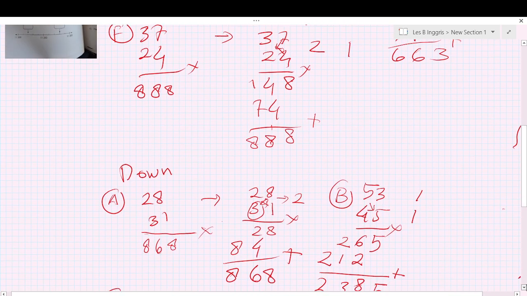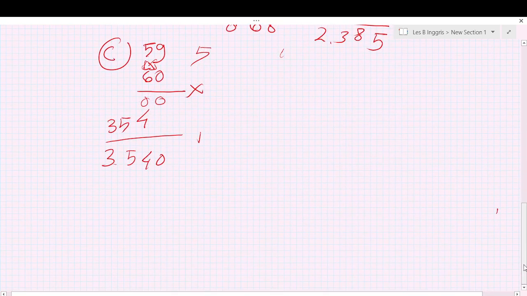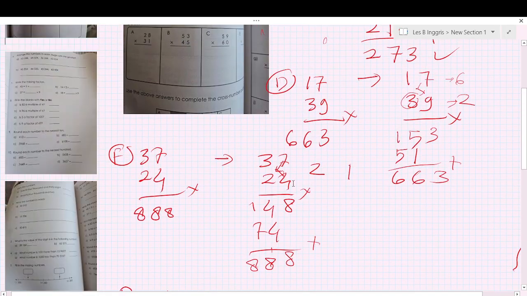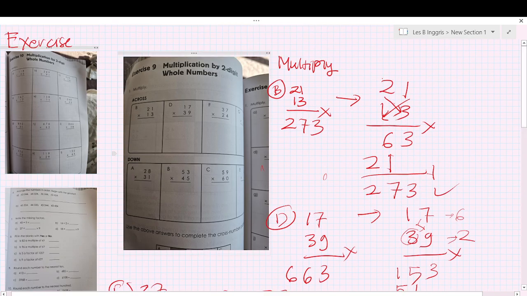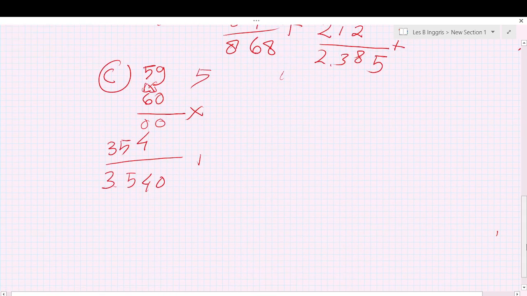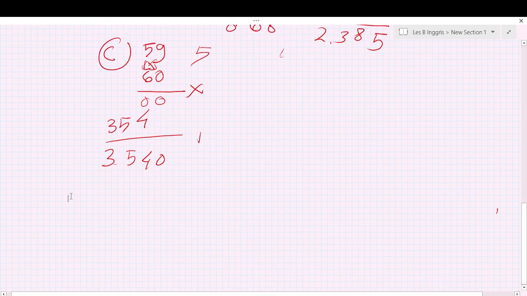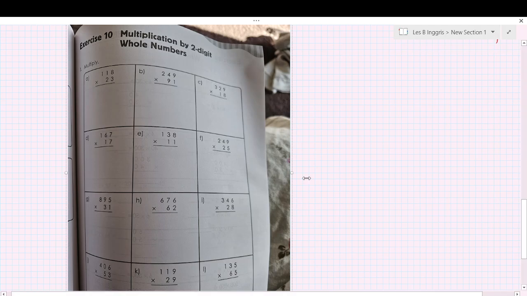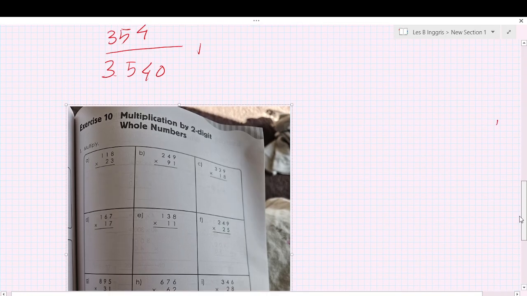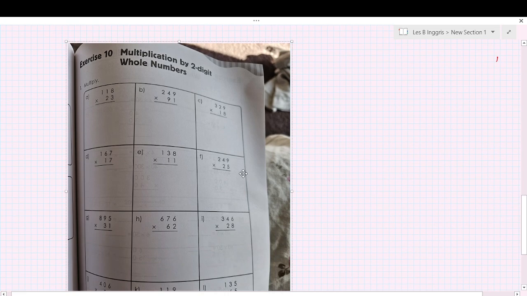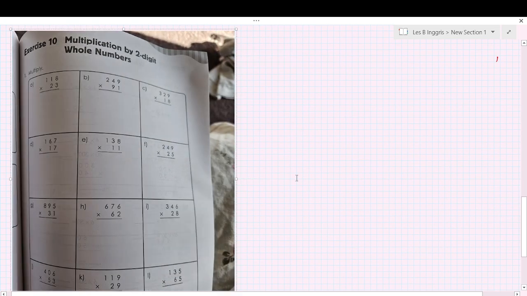We could move to the three digits. Wait, give me a sec. Do you want me to explain first, or let's go straight?